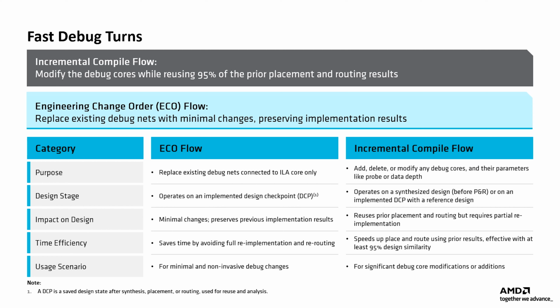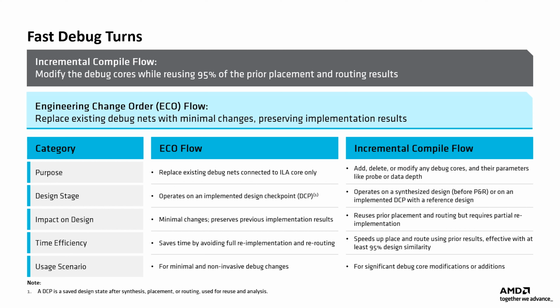When debugging designs, fast debug methodologies play a critical role in accelerating the process while preserving implementation results. The incremental compile flow allows you to modify debug cores while reusing 95% of the prior placement and routing results.